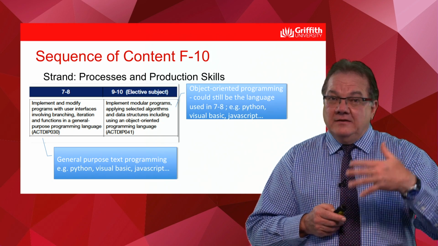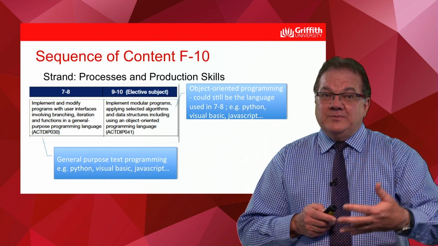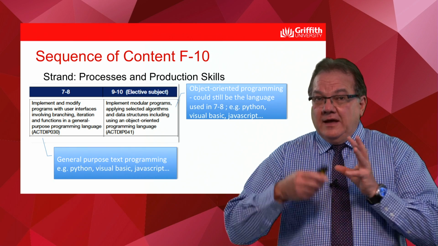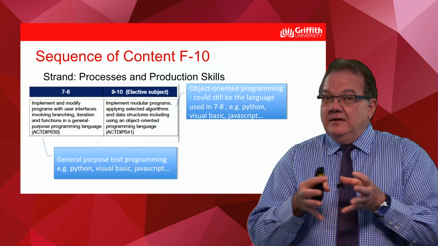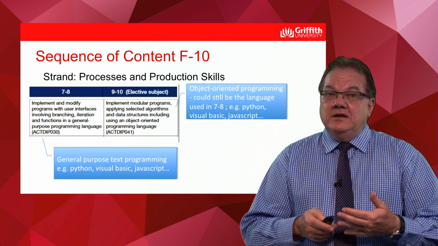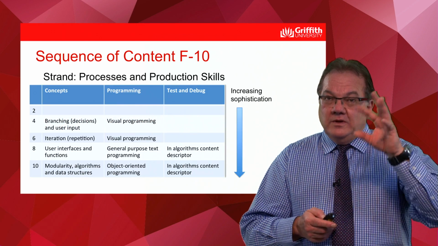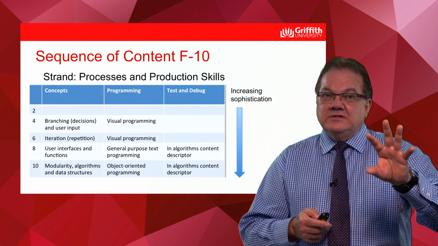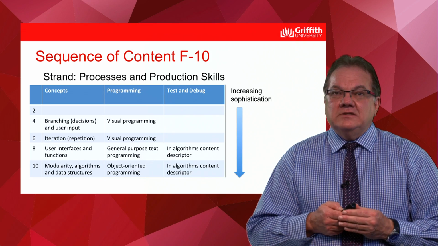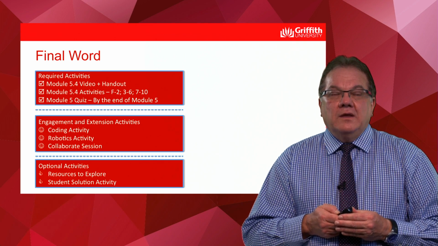So 7 and 8 around general purpose text programming, for example, Python, Visual Basic, JavaScript, and as they move into Year 9 and 10 with object-oriented programming, it can still be the language used in Years 7 and 8. So as we revisit those concepts, programming, testing and debugging, you can see that increasing sophistication occurring.